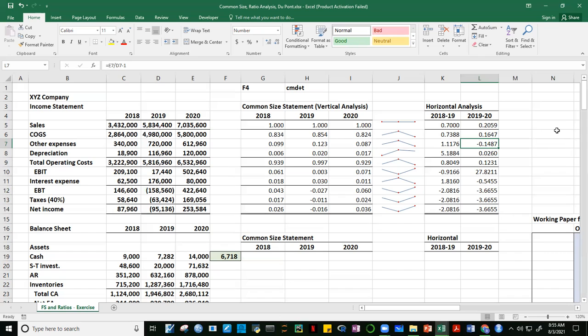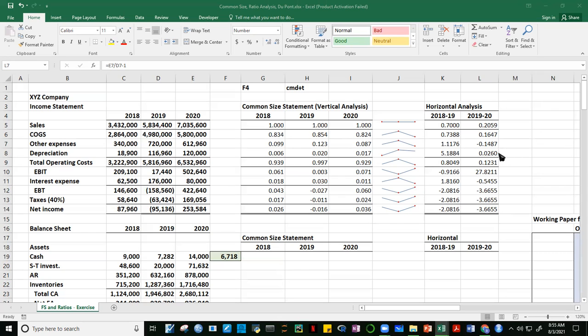Anyone? What's the meaning of negative 14.87? Okay, may nag-chat? Yes, correct, no? Tama. Okay, Theo, thank you. Hans, thank you. Okay, Roy, thank you. You're correct.